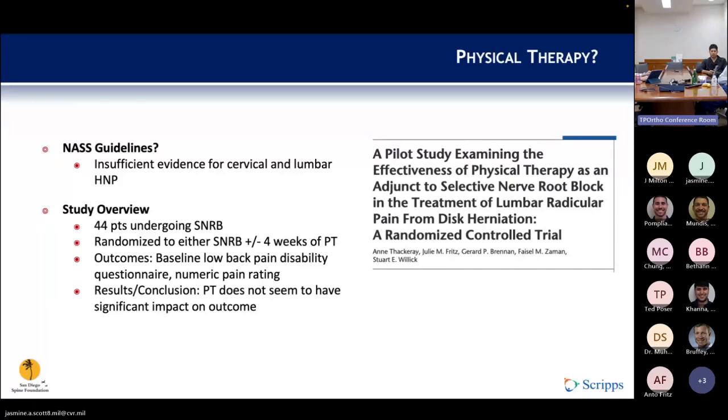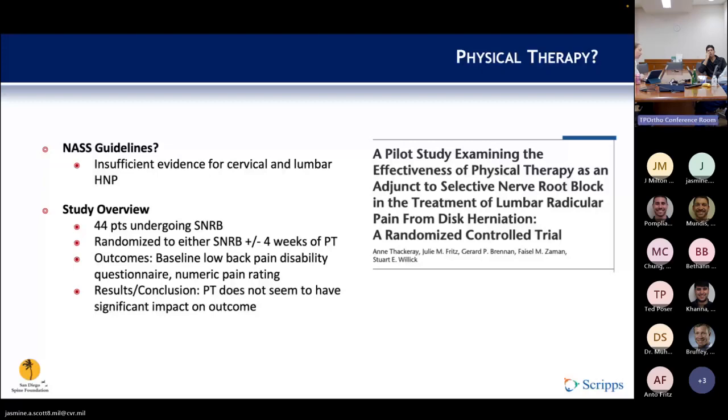The NASS guidelines in terms of standalone physical therapy for the cervical and lumbar spine: insufficient evidence. This is a paper that looked at patients getting a selective nerve root block, with physical therapy plus or minus, and did it help? PT didn't seem to have any significant impact on the outcome.